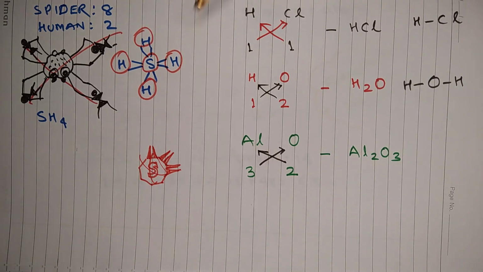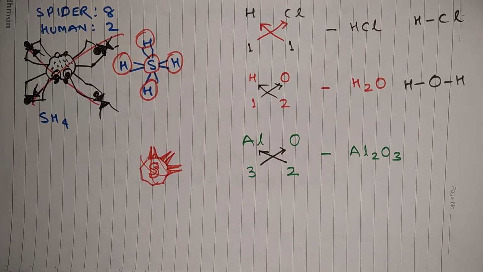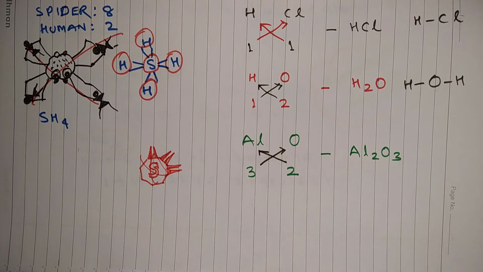So if a spider has to hold the hands of human beings in a way that each arm of the spider is held by one arm of a human being, then what will happen? We will require 4 people to hold the hands of the spider. Okay, so the formula of this compound will be SH4.